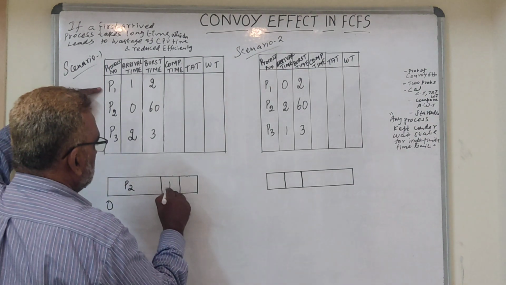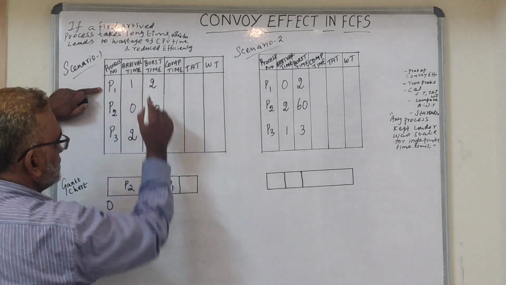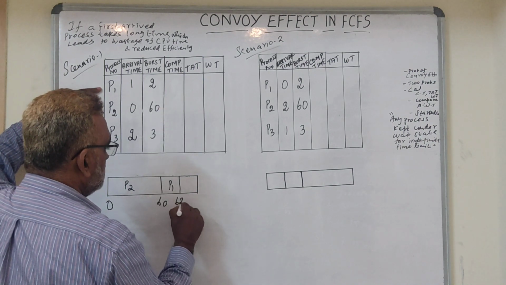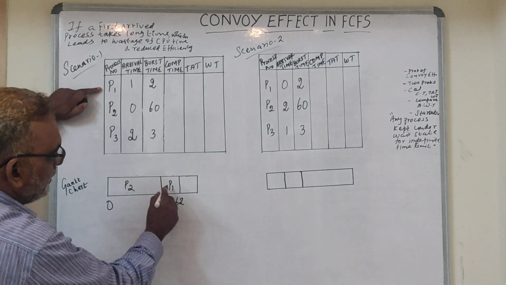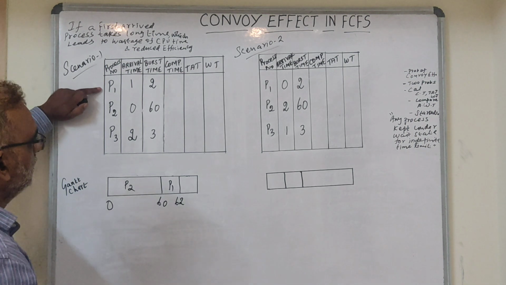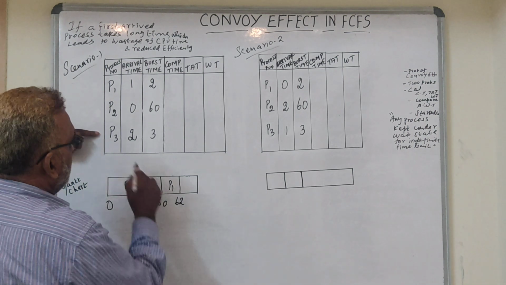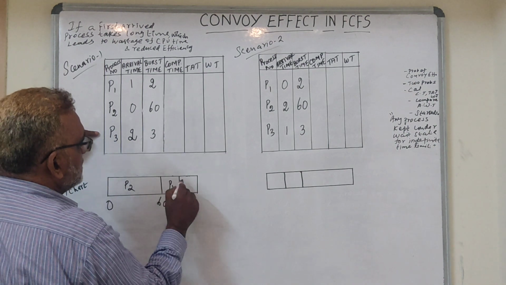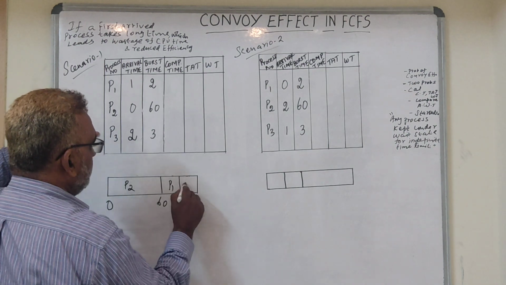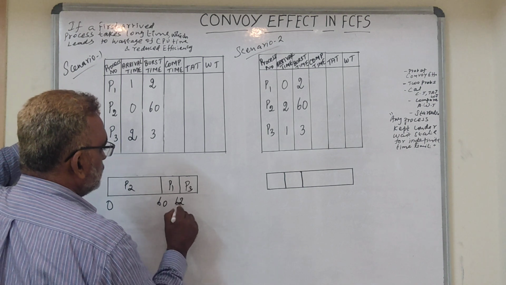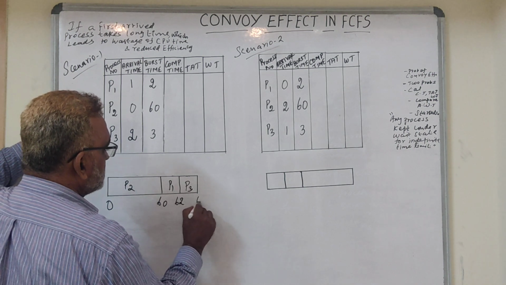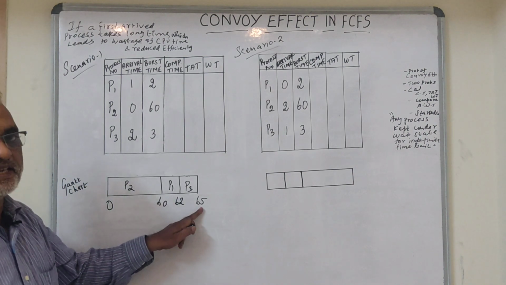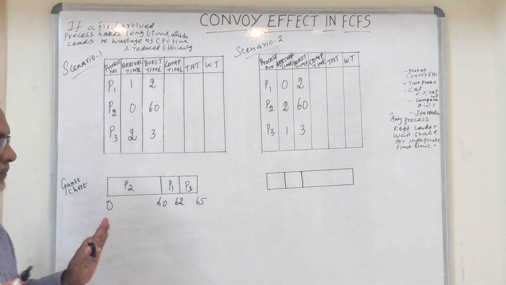Now P1 is taken for processing, its burst time is 2 milliseconds, so at 62 milliseconds P1 is over. Then P3, whose burst time is 3, is taken. So 62 plus 3, at the 65th millisecond, process P3 is over.